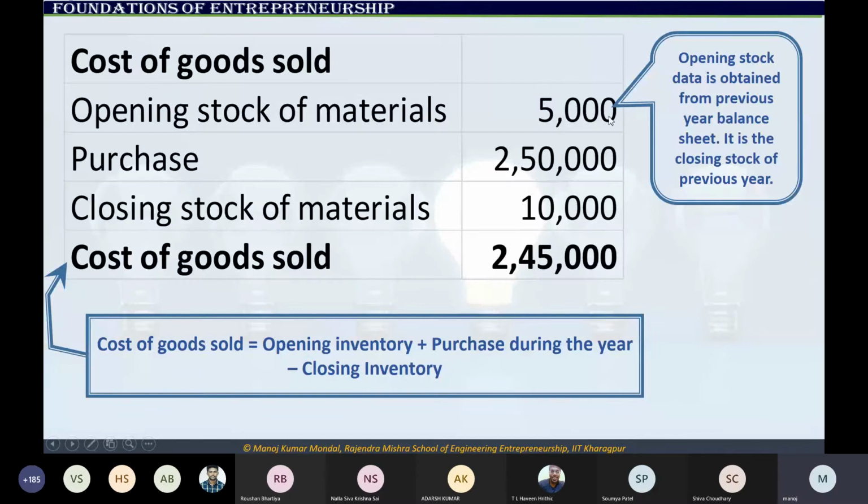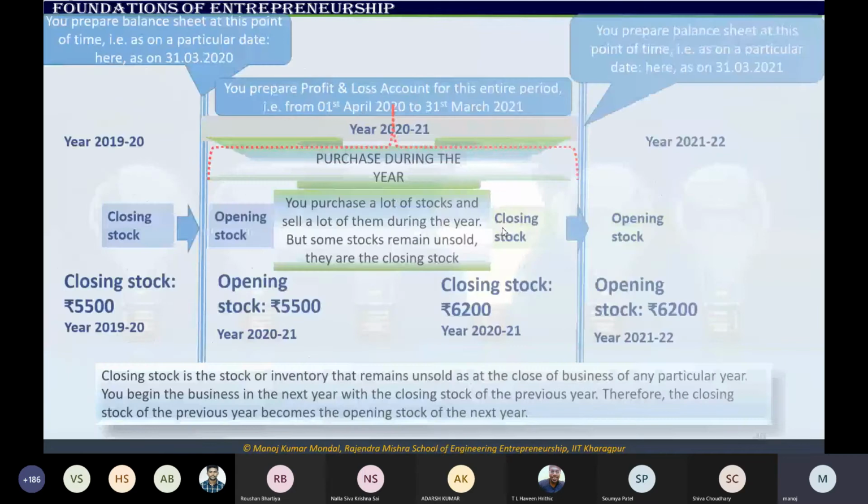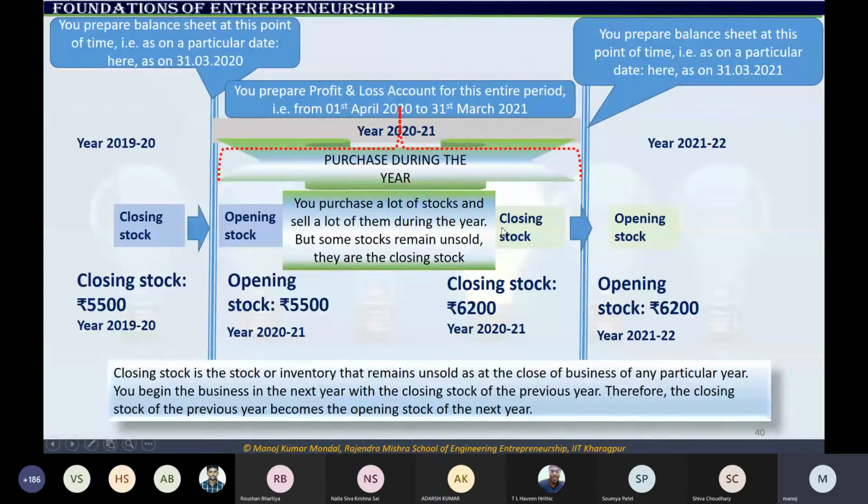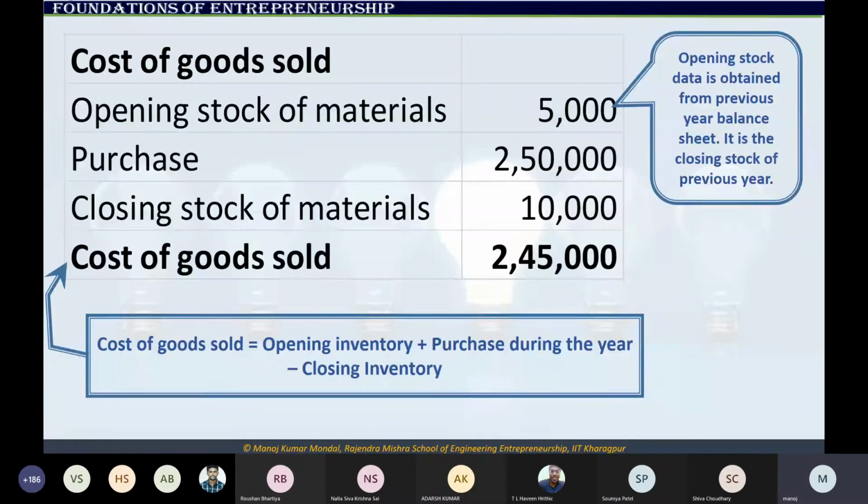So opening stock is 5,000, purchase is 2,50,000, closing stock is 10,000. This example is different from this one. I should have put the same data, but for whatever reason I put different data. Next class I have to make this change. This comes from the previous example that we are talking about, that opening stock was 5,000 with which you started the business.